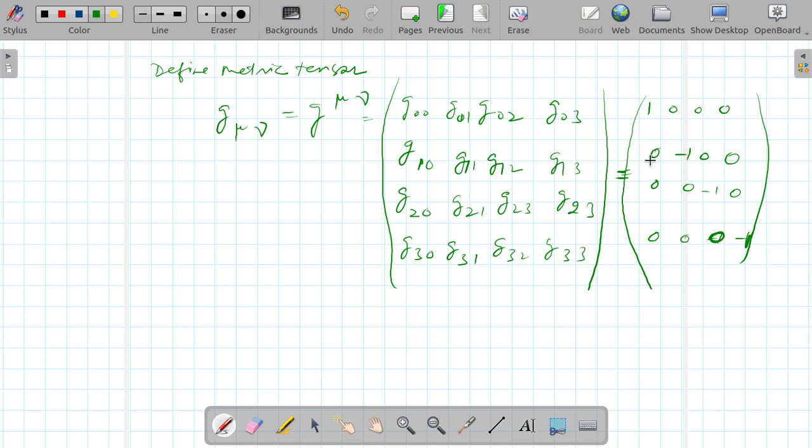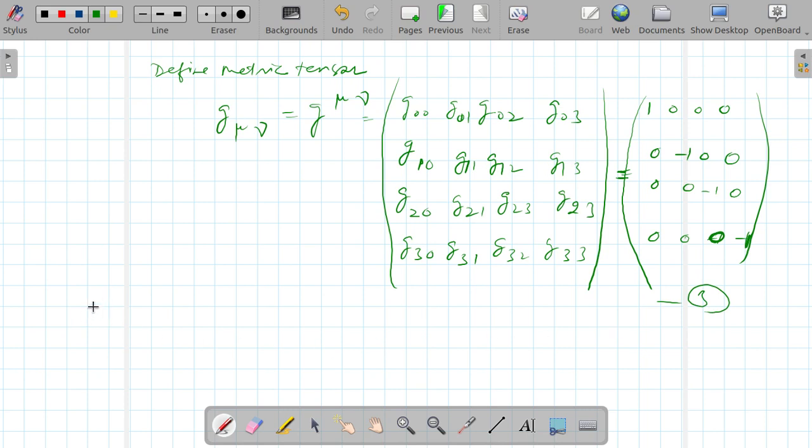So using this metric tensor, we can convert a covariant vector into a contravariant vector and vice versa. Let me call this equation number 3.